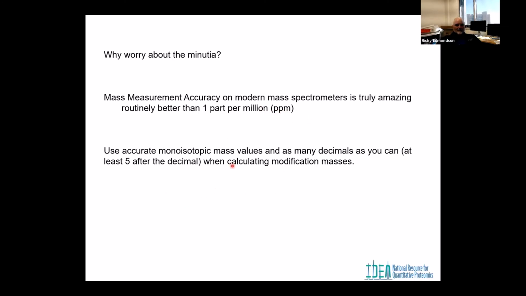But really, my reason for showing all of this to you is to help you remember, if you're ever adding a tag onto a molecule, when you add up the elemental composition, you need to use as many decimal places as you can, and it probably needs to be at least 5 for the isotopes, because if you don't, the mass spectrometer is going to get the wrong answer. It's precise enough that you need as many numbers after the decimal as you can.